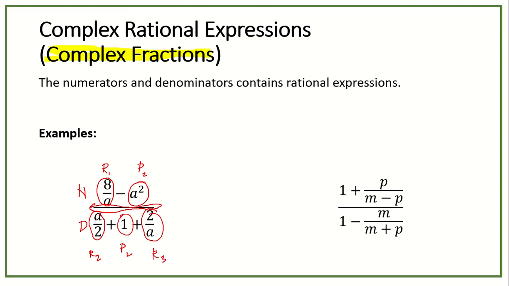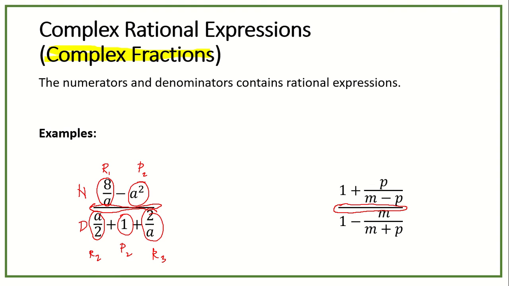So that makes it a complex fraction, because in the numerator you will see a rational expression and a polynomial, and in the denominator as well, you will see a rational expression added with a polynomial added with another rational expression. Okay, how about the second one? This one is a complex fraction because this is the long bar.